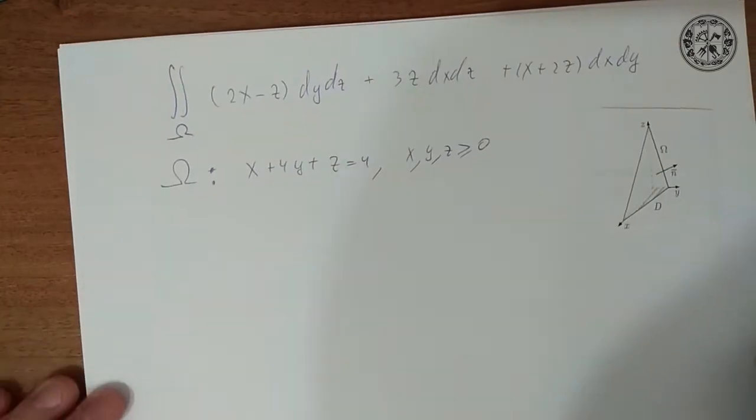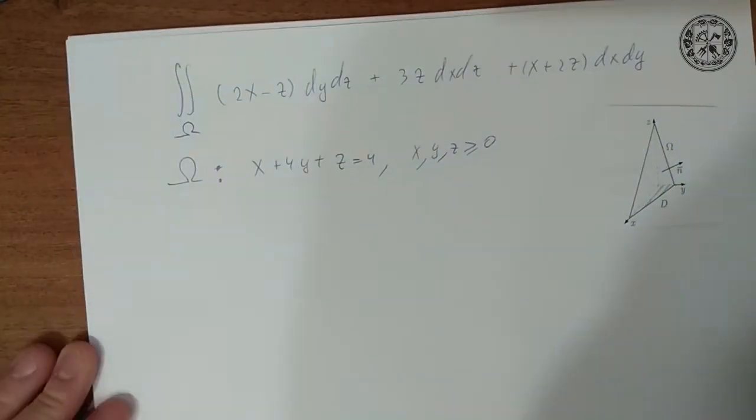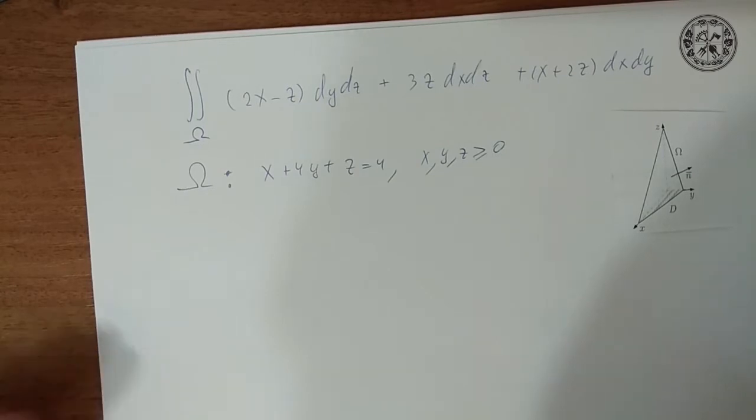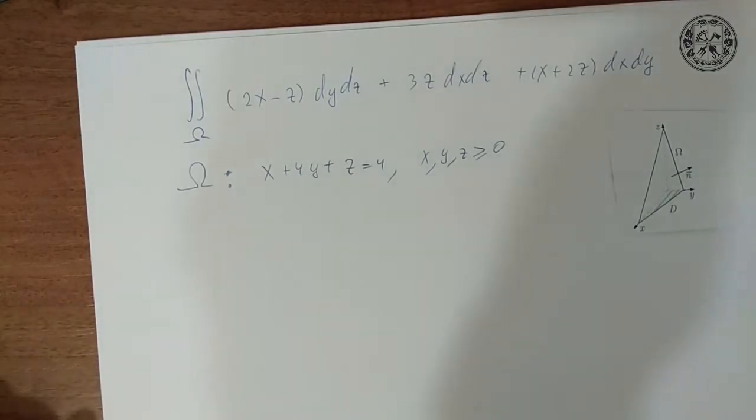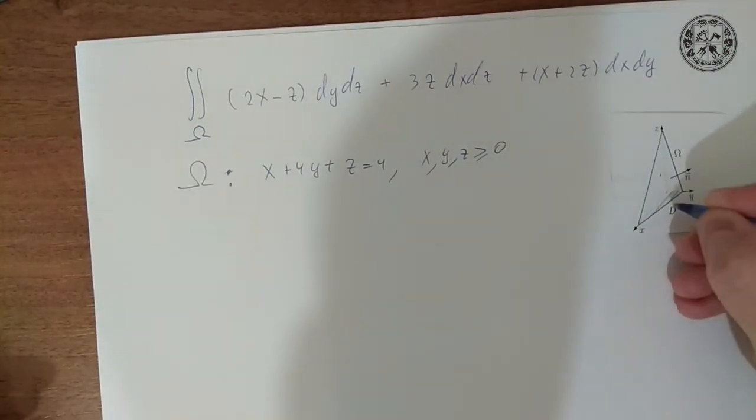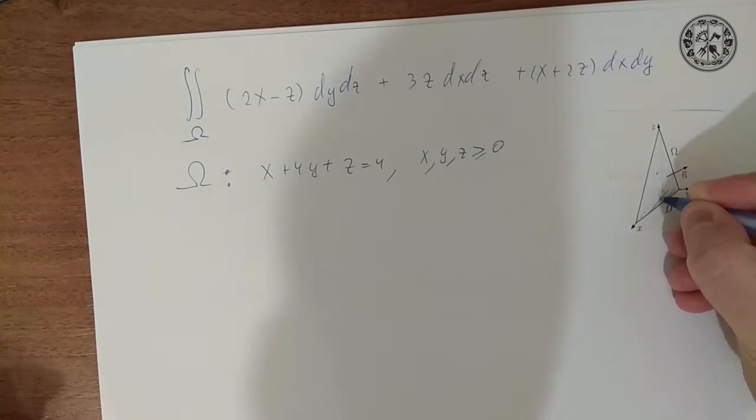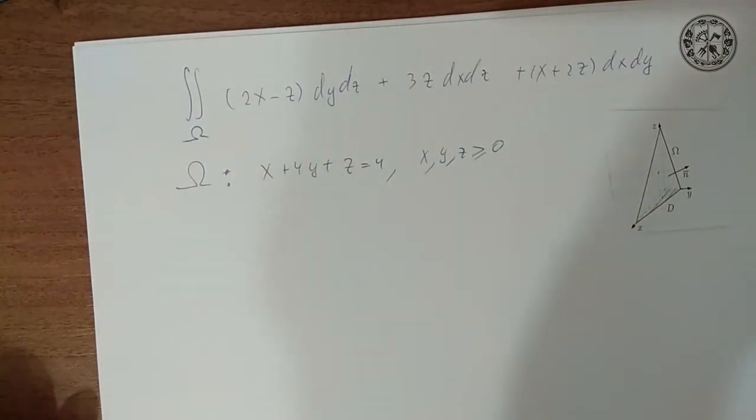So, to calculate this integral, we have to determine if this surface is definitely projected on, for example, xy. Definitely means that each point of the surface corresponds to one point of projection. Here it is definite.